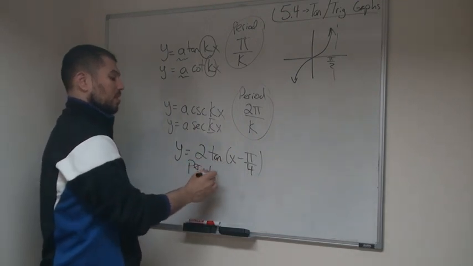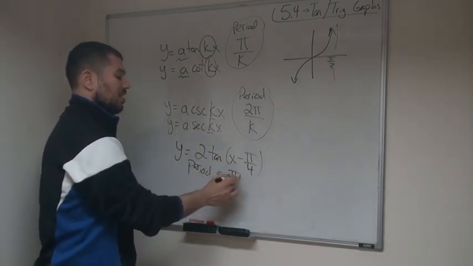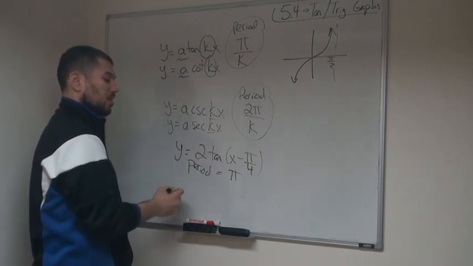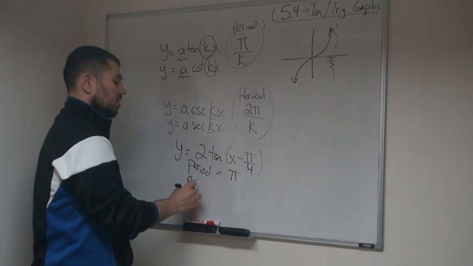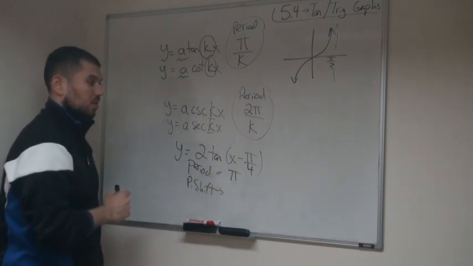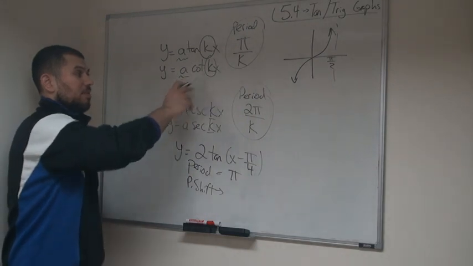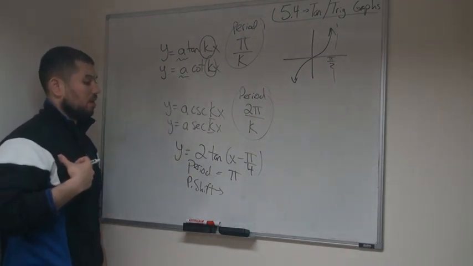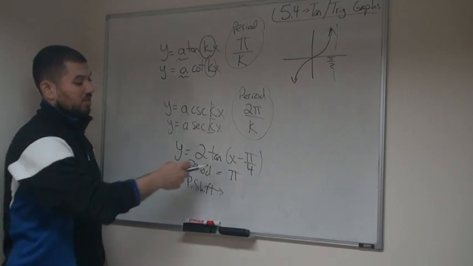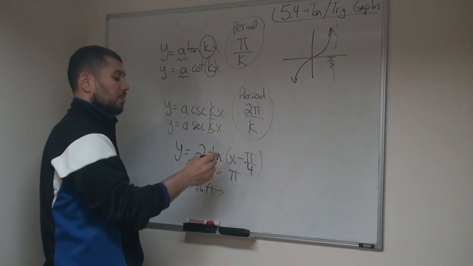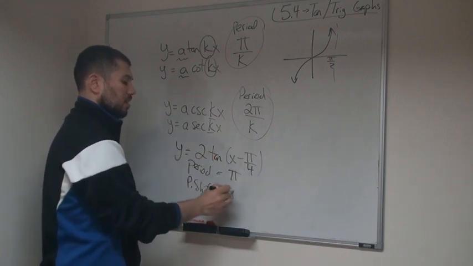Period is going to be just pi divided by k. K is a 1. There's a 1 in front of the x. This does have a phase shift. So here we have the k parentheses x minus b, just like we had in 5.3. The phase shift here, we're going to be shifting tangent pi over 4 units to the right.